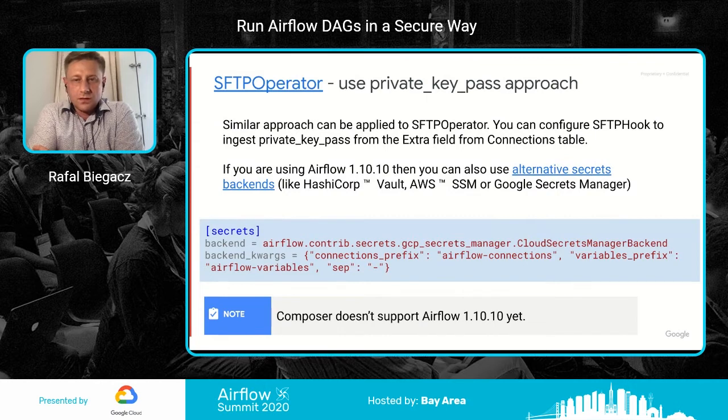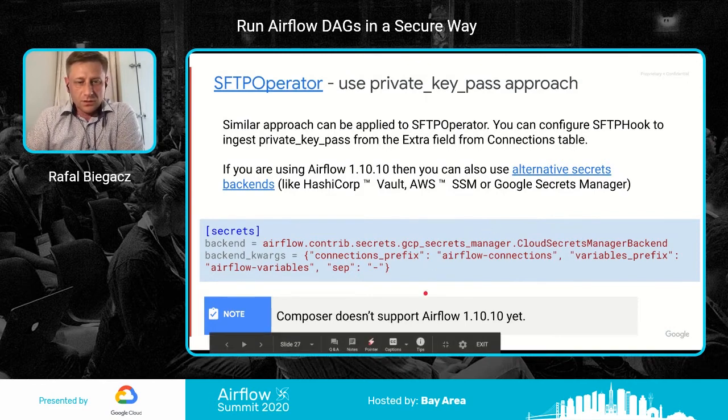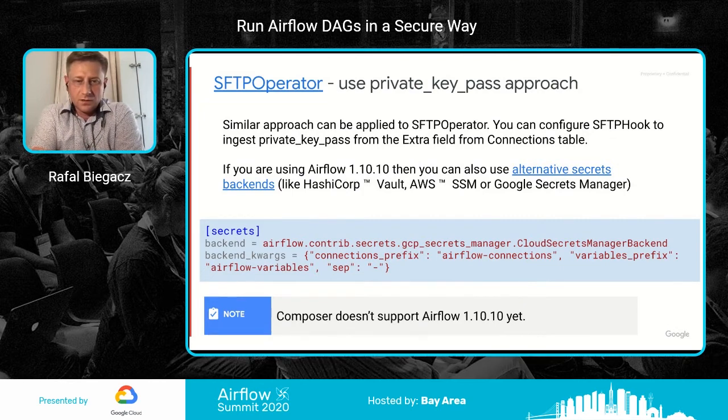Of course, your Airflow setup needs to have access to Secret Manager to be able to retrieve information from it. And a short note, Composer doesn't support Airflow 1.10.10 yet, so you cannot configure it right now. We are planning to deliver this functionality soon. But the practice that I'm mentioning here can be applied to an Airflow setup, whether it is self-managed or running in your private data center.